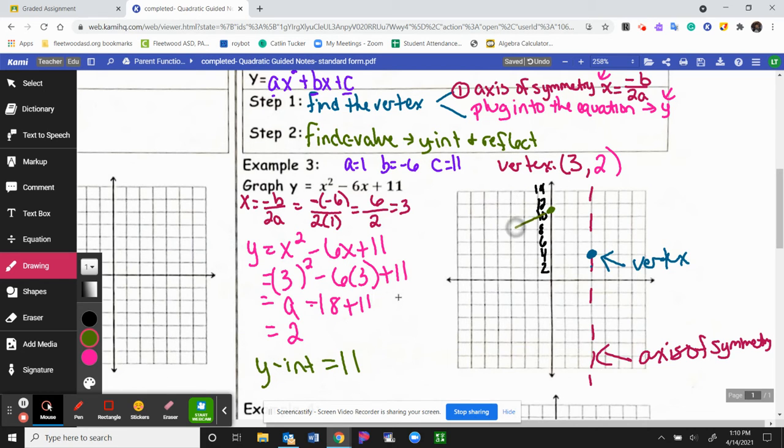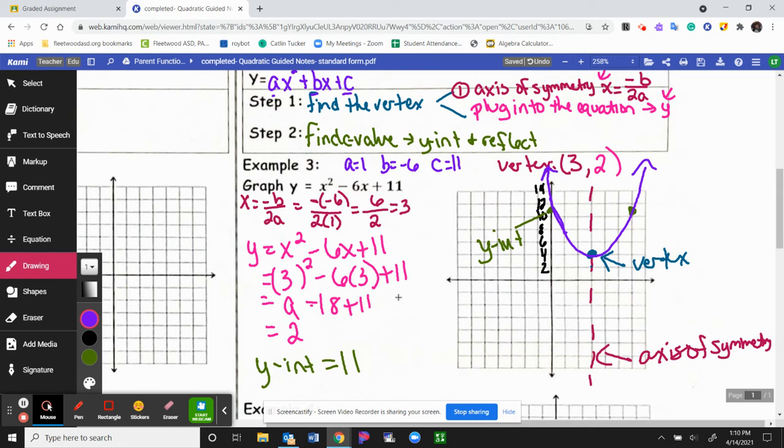Okay, so I have my y-intercept, and now I can reflect that. I can see that it is 1, 2, 3 spaces away from my axis of symmetry. So I'm going to count 3 spaces the other way, 1, 2, 3, and I can get my other dot there.